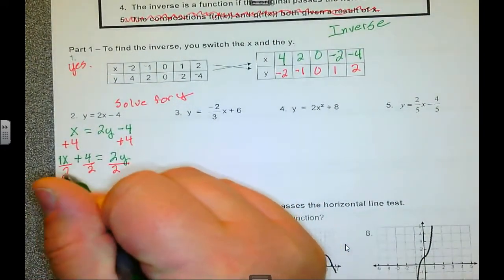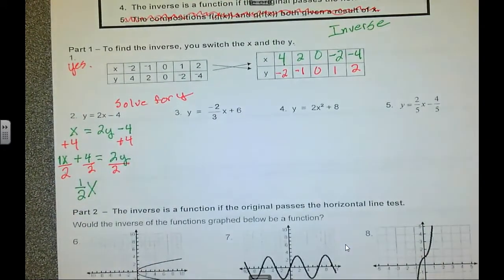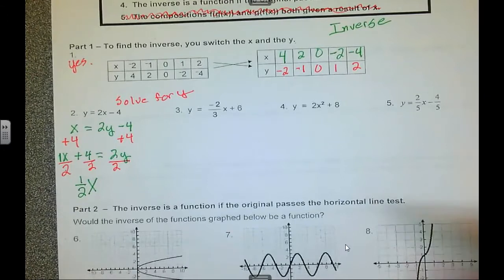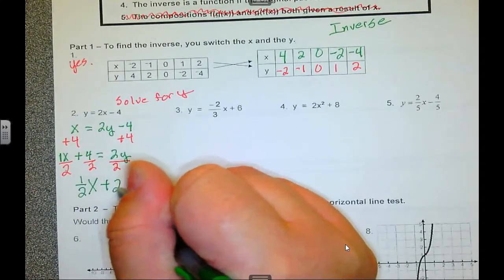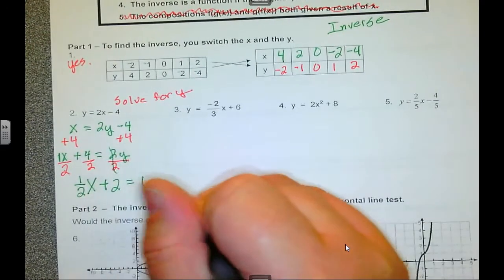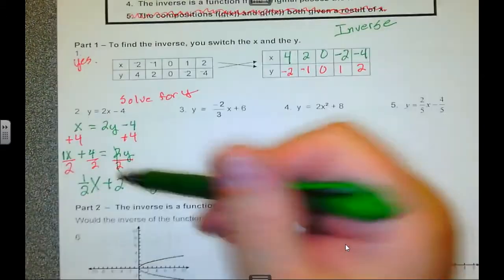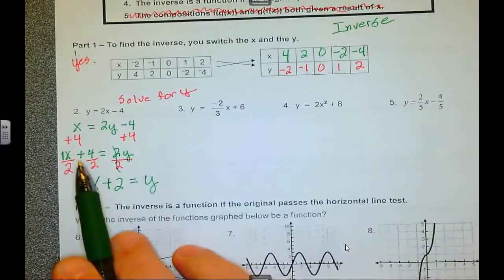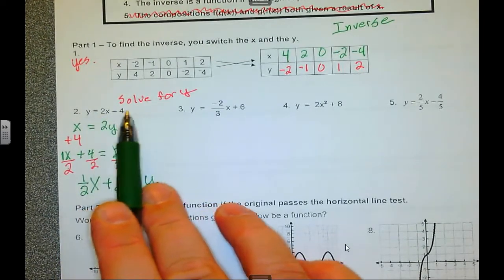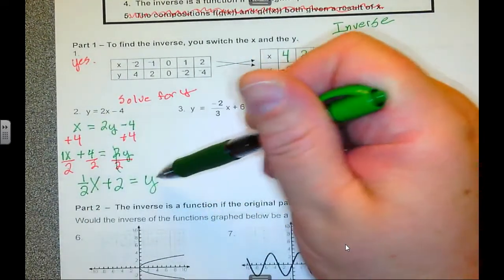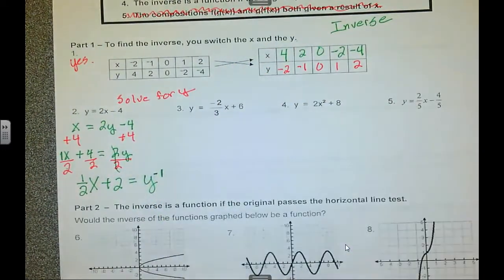So I have 1/2 for the coefficient of x. X is in the numerator, so I'm going to pull it out. Plus 4 divided by 2. Now, this is my inverse function. 1/2 x plus 2 is the inverse of 2x minus 4. I'm going to distinguish that by putting a little -1 here to tell me that's the inverse function.